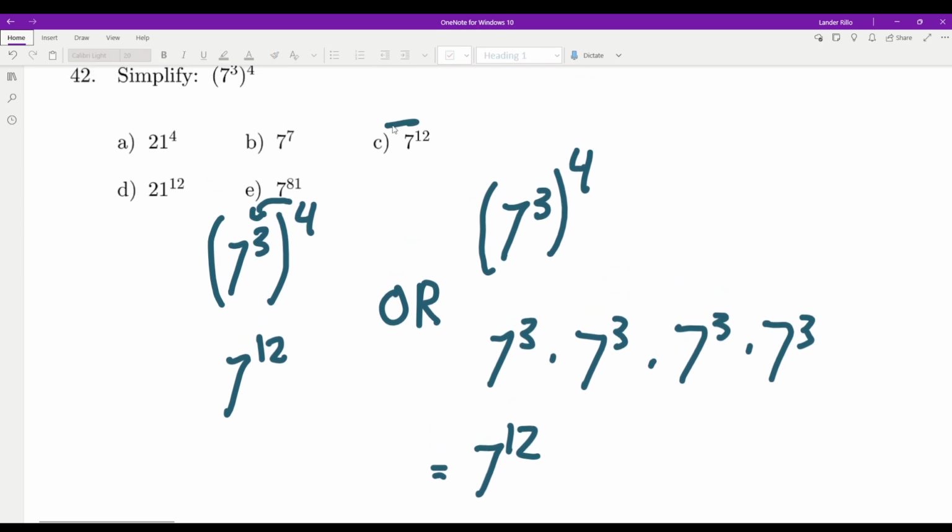That's C. So yeah, if you're doing the power of a power rule for exponents, you multiply the two exponents together. 3 times 4 is 12. Or you can do it this way, which is 7 cubed multiplied by itself 4 times, and then you do a multiplication rule, add up all the exponents, and you should get 7 to the 12, same answer.